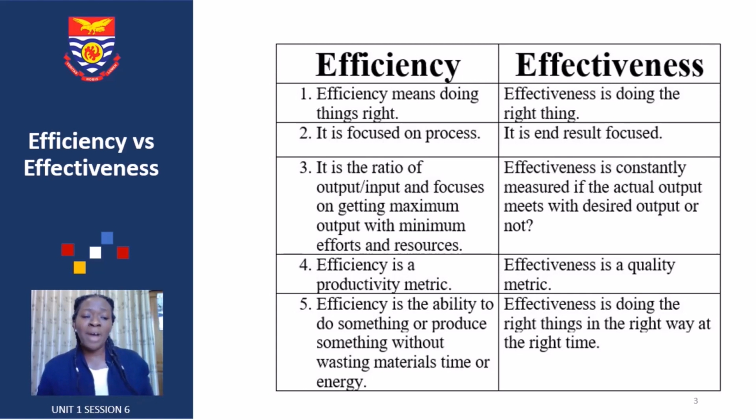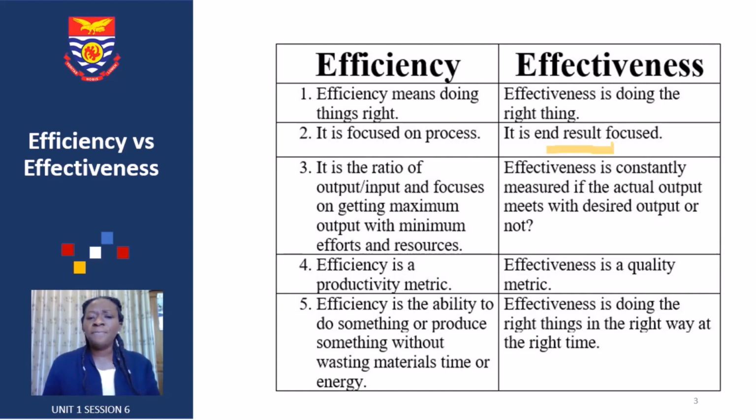Now, doing things right and doing the right thing are two different concepts. When we're looking at effectiveness, you're looking at the end result. At the end of the day, was I able to get my A or not? If you're able to get your A, that is you being effective.